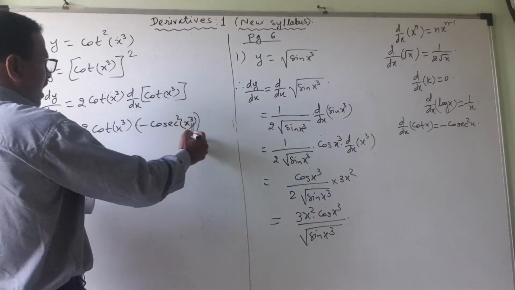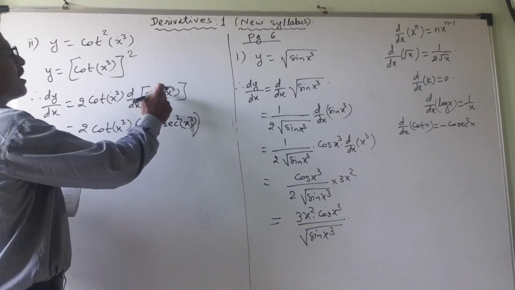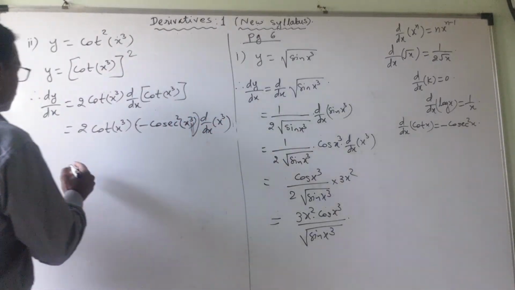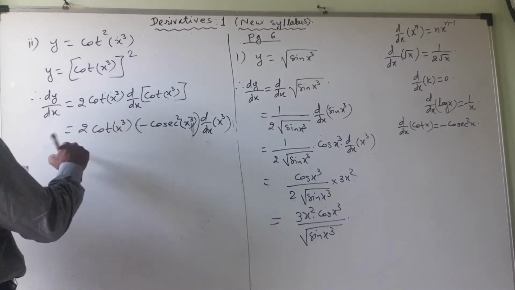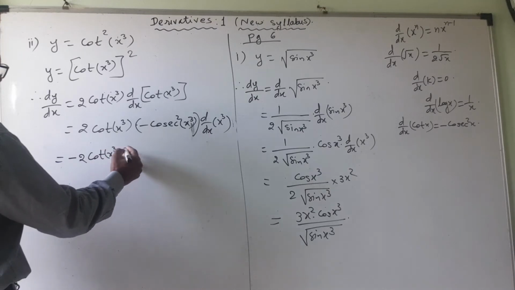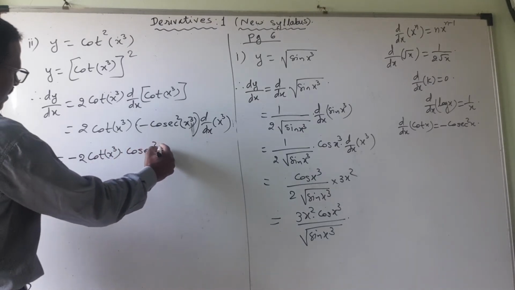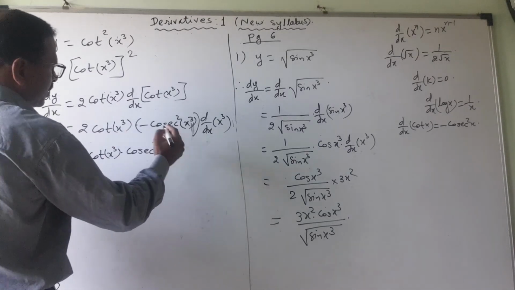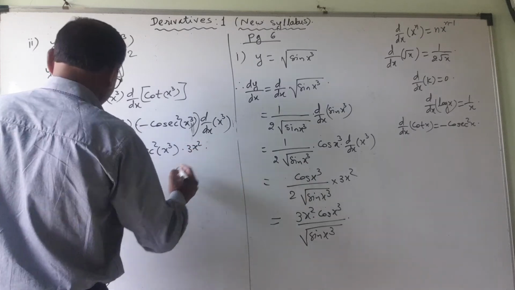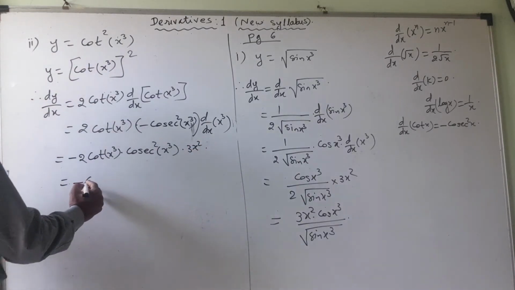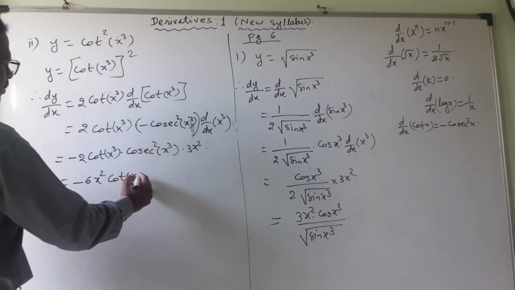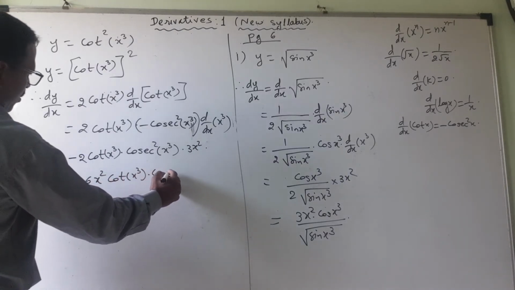Okay, I have taken the derivative of this. Now this is remaining into d by dx of x cube. So that is equal to, this minus sign I will take out, minus 2 cot of x cube into cosec square of x cube into the derivative of x cube, which is 3x square. So overall answer is minus 6 x square cot of x cube into cosec square of x cube.